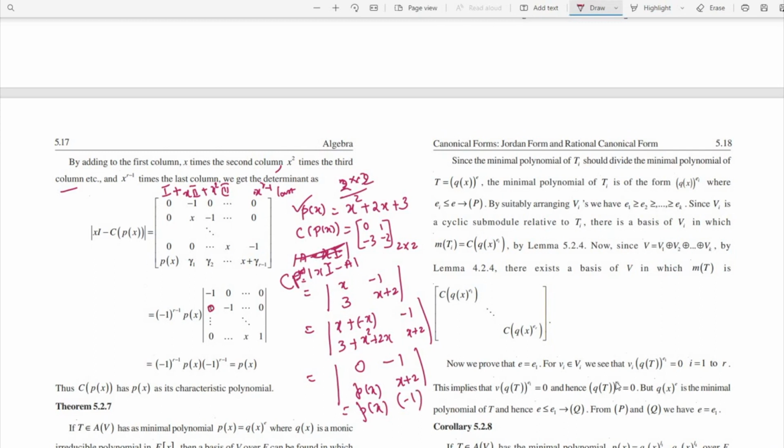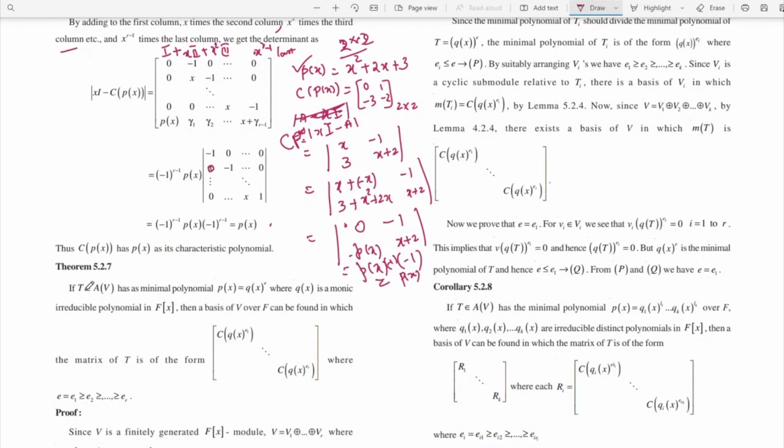In this case, we have considered a simpler one, so we have got only this. When you expand it, this is plus, this is minus, so you will have one more minus sign. So you will ultimately arrive at p of x. It is these kinds of operations that, when you perform them, ultimately lead to this. And so the characteristic polynomial of the companion matrix of p of x is p of x itself.